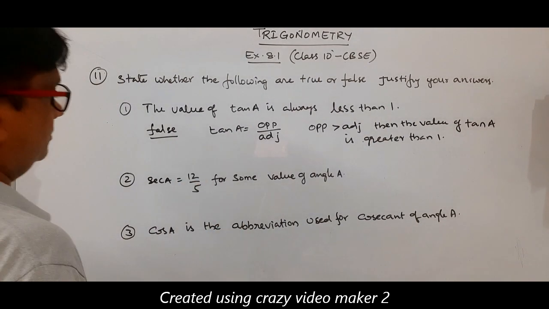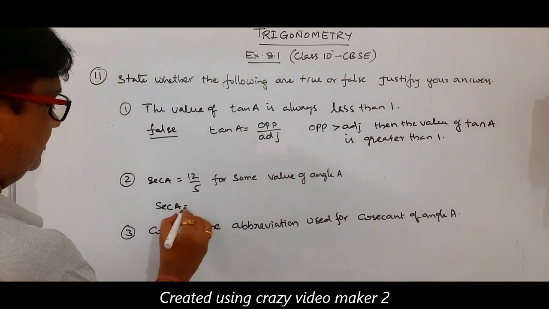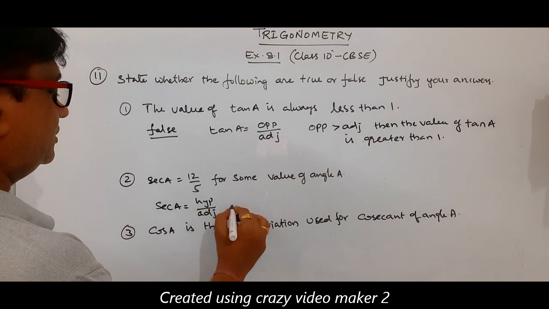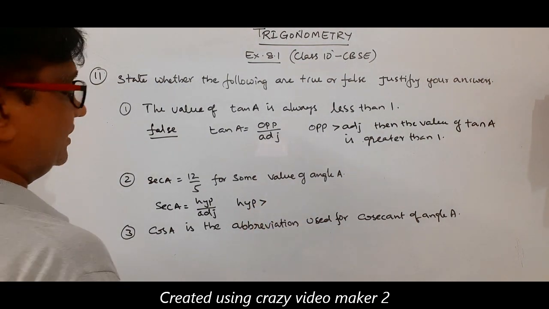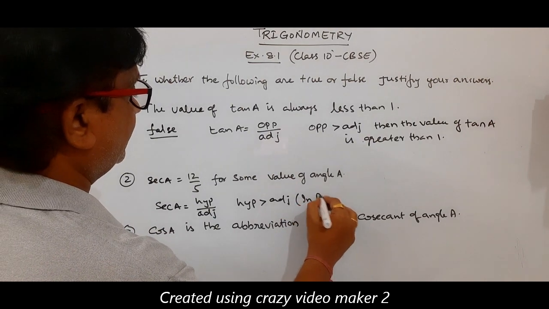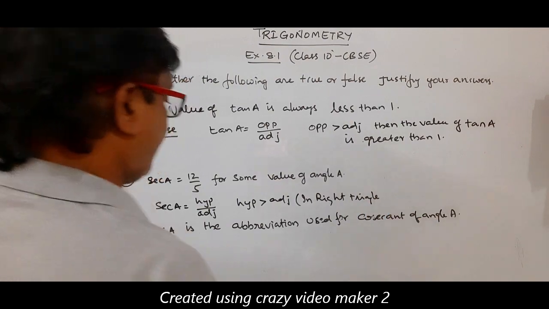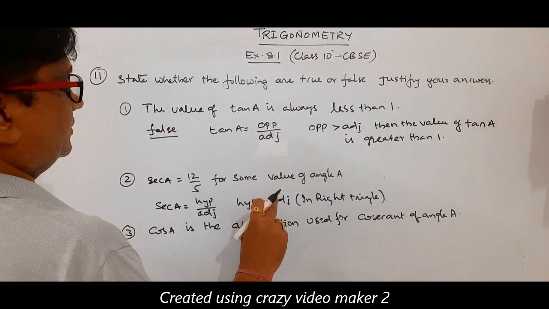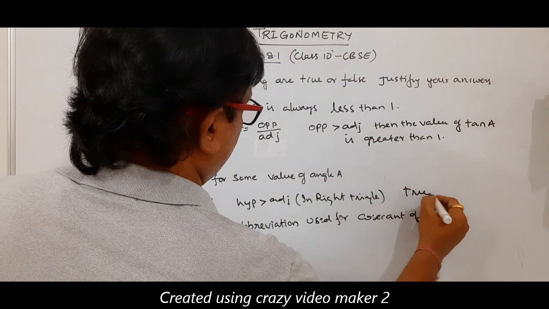So secant A means hypotenuse by adjacent, and the hypotenuse is greater than the adjacent in a right triangle. Therefore, it is always true.